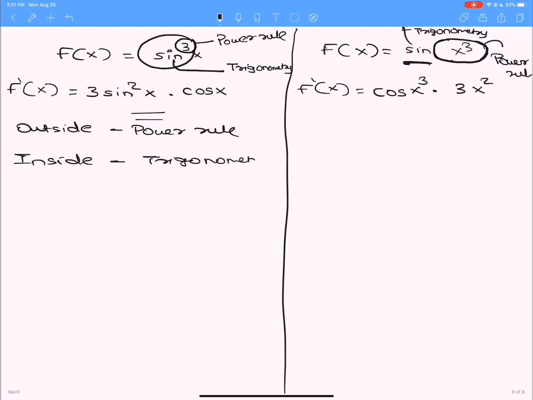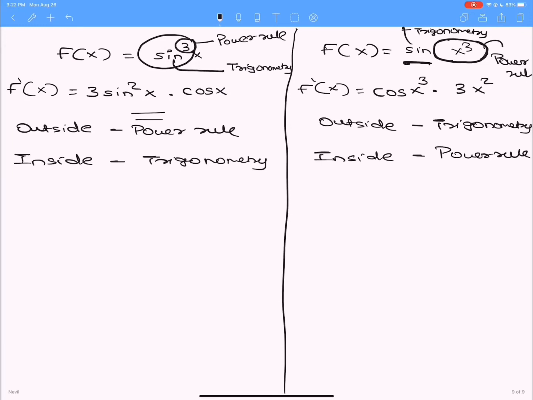Alright? Now, for this problem, on the right side, the outside part is the trigonometry. That's not inside the bracket, that's outside the bracket, right? So that makes sense. That's the outside part. While the inside part is what we saw. The x cubed is the power rule. So you do that second.